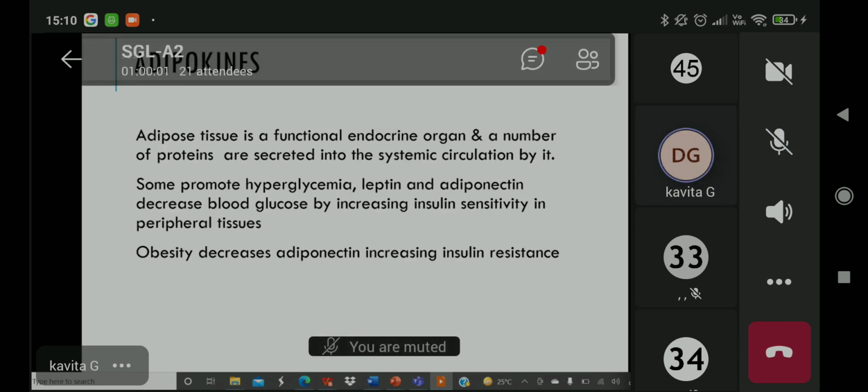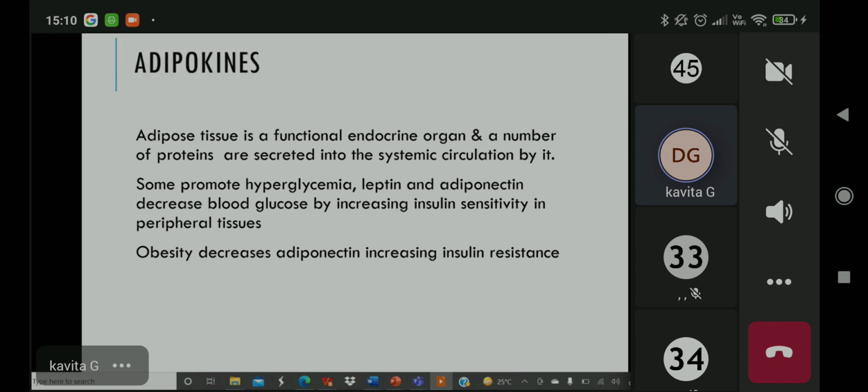Right. So then we talk about adipokines. Now, what are adipokines? Adipose tissue itself is not just about the structure of the vessel and the adipocyte. It is a serious business. It is believed to be a functional endocrine organ itself, and it is secreting a number of proteins into the systemic circulation. Some of them are going to promote further elevation of the blood sugar.